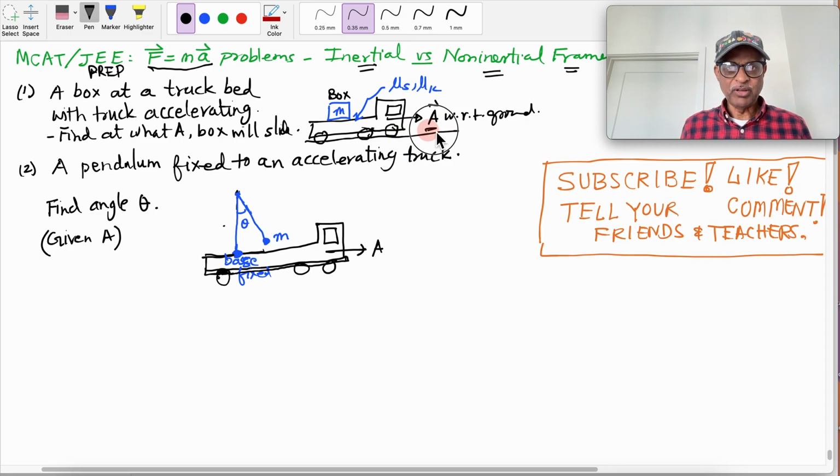At some value of a, the box will start to slide. And the question is, what is that point, and how do we find it? What value of a?